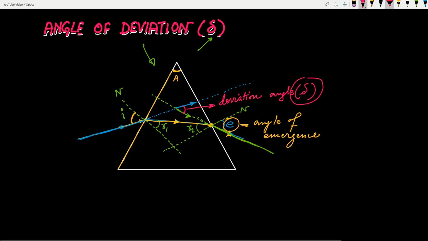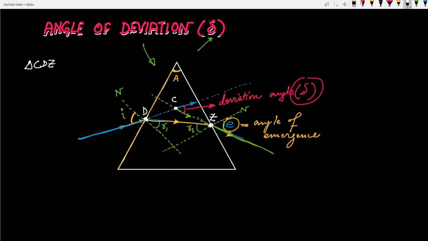In order to find the angle of deviation, we will take into consideration this triangle. Now be very careful. This is the point of the triangle, suppose D, and this is suppose Z. So we'll take into consideration triangle CDZ.